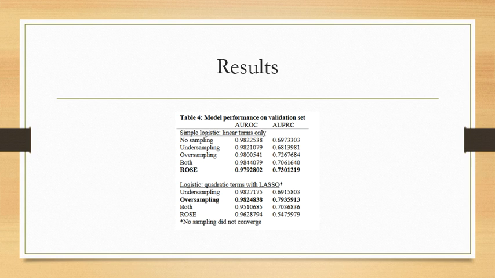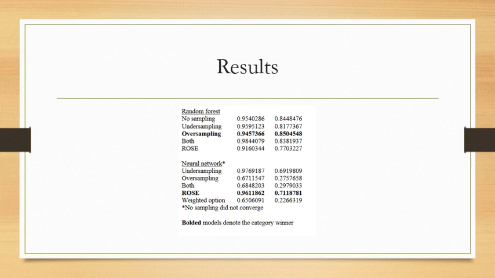And when we look down here at the results, Aaron realized that oversampling was also doing pretty good on the random forest. And when you look at the neural networks, you realize that the ROSE method was doing pretty good.